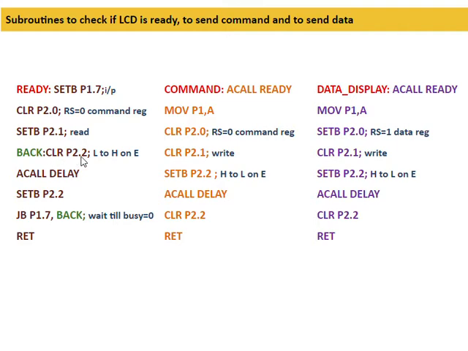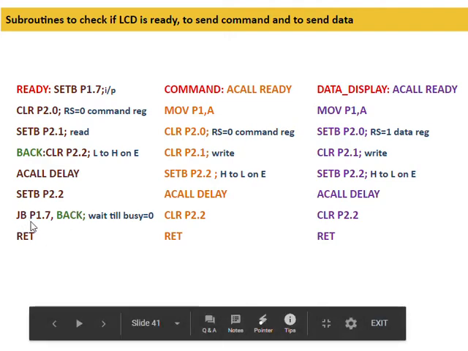So clear P2.2 will make the pin low, then you should call a small delay. Then you should set P2.2 high. Set bit P2.2 will bring it to the high value, logic 1. So when these three instructions are executed, a low to high pulse will appear on E. Now we can read P1.7, that is the busy flag. The instruction for that is JB P1.7 back.